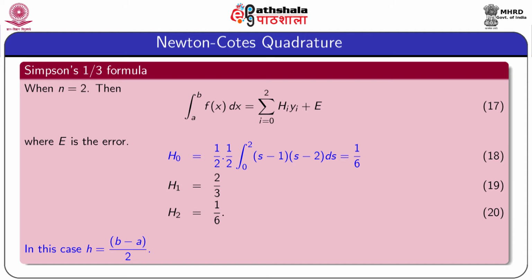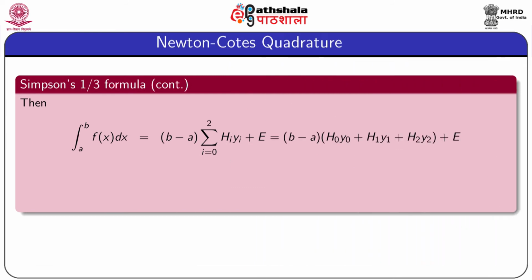Then the integration from a to b of f(x) dx equal to (b minus a) into (H0 y0 plus H1 y1 plus H2 y2) plus the error term, and after substituting the values of H0, H1 and H2, we get the formula h by 3 into (y0 plus 4y1 plus y2) plus E, where E is the error occurred in Simpson 1/3 formula.